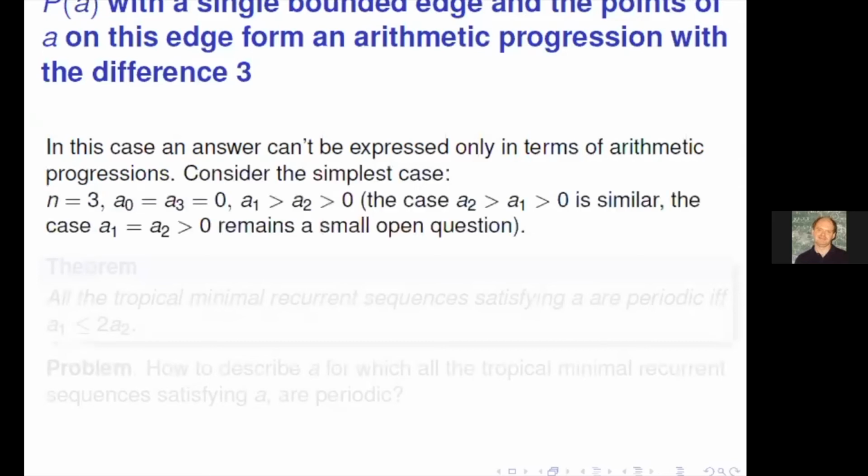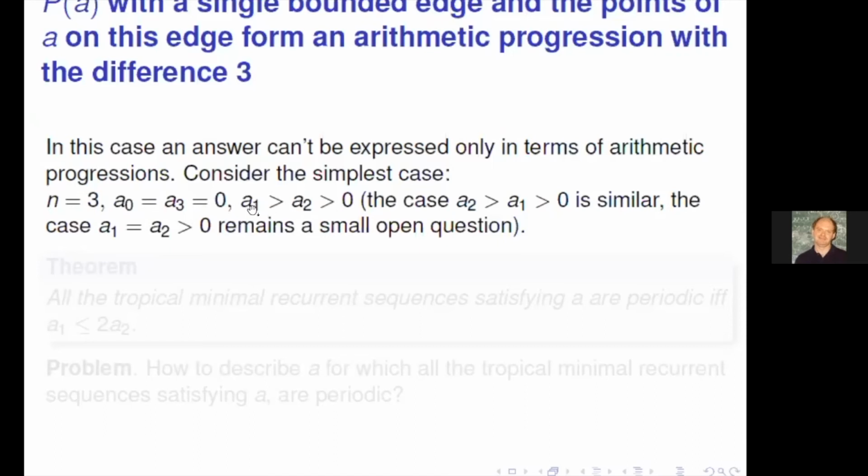And moreover, in this case the answer is different, because we cannot express it only in terms of arithmetic progressions. And moreover, I will consider only the vector of degree 3. So now we have the vertices of the Newton polygon with the zeros as before, and the two other coordinates which are positive.